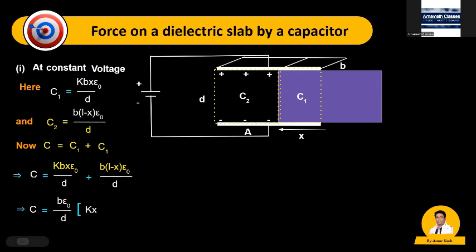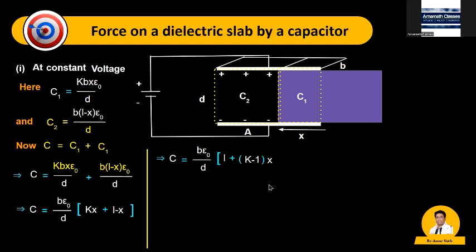So in brackets, Kx plus L minus X. Here we can take X common also, and that will come as K minus 1. So C equals B epsilon naught by D, under bracket, L plus X times (K minus 1), bracket close. Please keep checking the calculation part. Now you see one interesting thing.